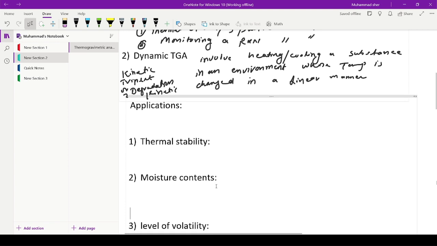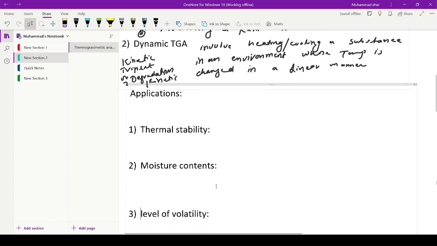Now, looking into the applications of the thermogravimetric analysis, the very first one is thermal stability. Already I have mentioned the term heat and stability twice or thrice. Stability means to bear something or to show resistance to something.